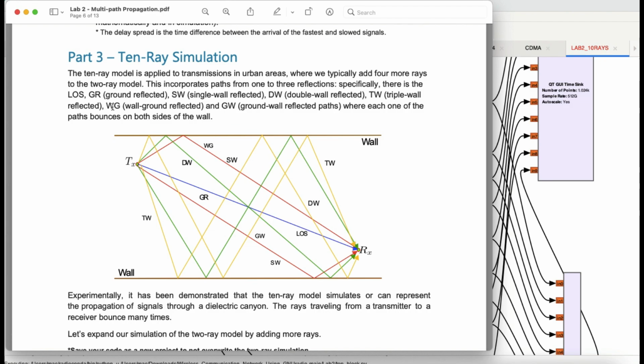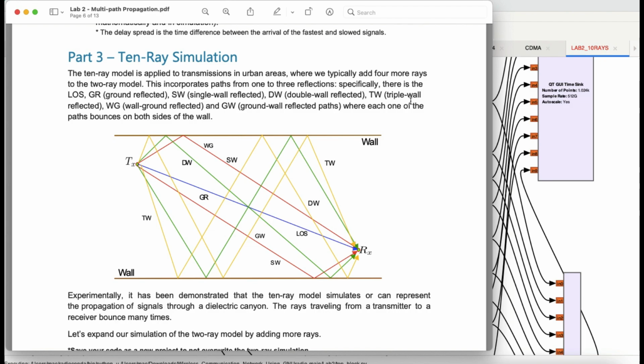For example, we have SW, a single wall reflected path, which is reflected from the wall. Then you have a double wall reflected path, which bounces off this wall, goes to this wall, and then bounces off like this.